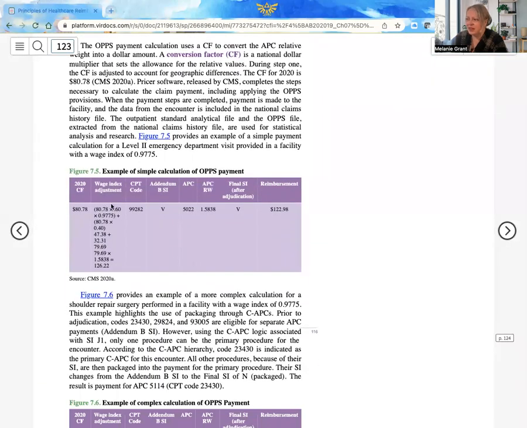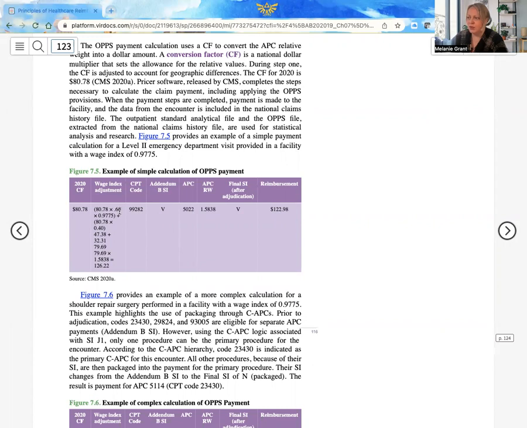does all of this math for us. So we have a conversion factor for CPT code 99282, which is an emergency visit. They have a wage index of 0.9775. So we take the total payment here. We get the conversion factor, which is 80.78.